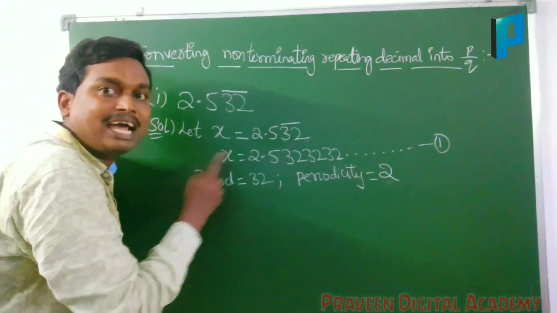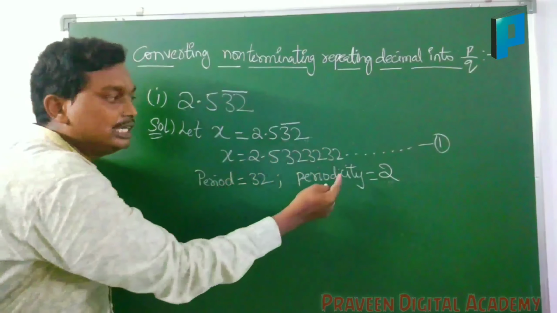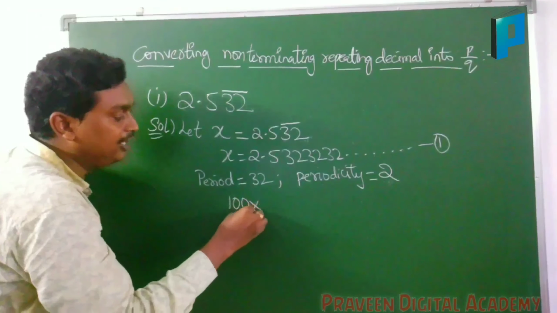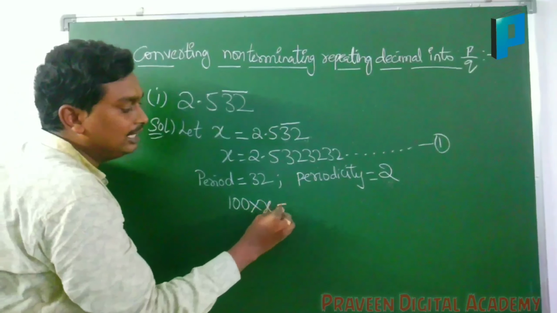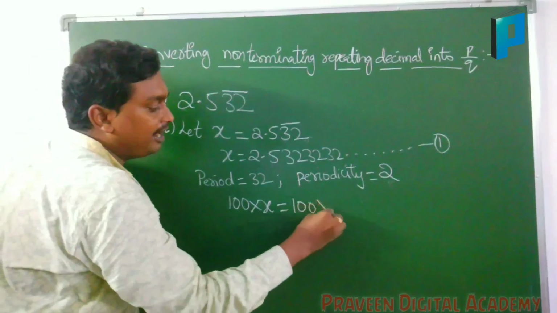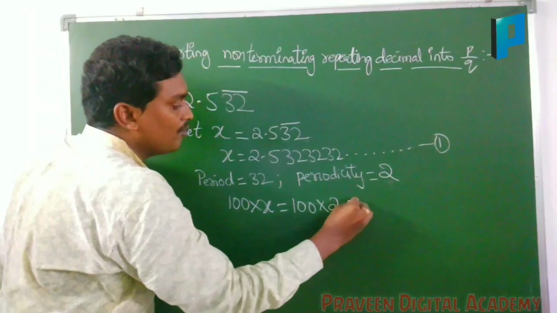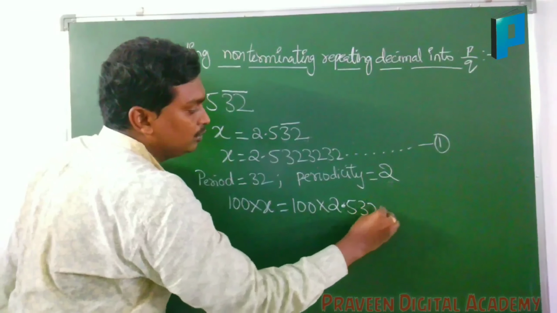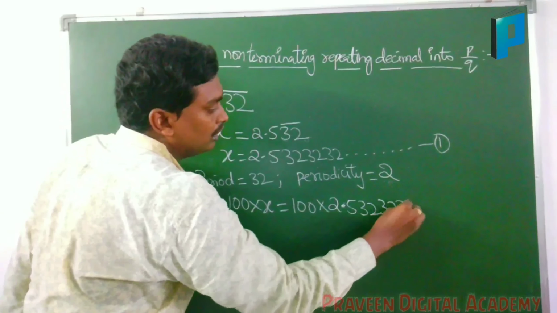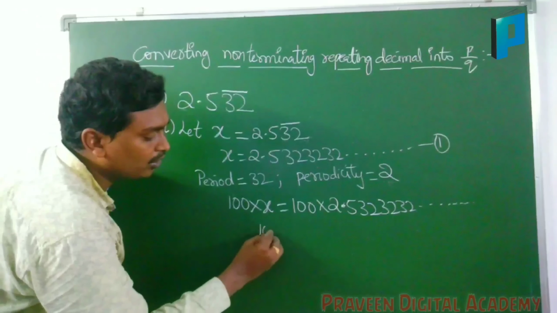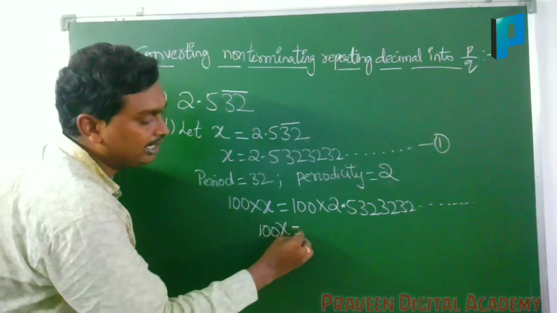Here periodicity is 2, so multiply equation 1 with 100 on both sides. You will get 100 into x is equal to 100 into 2.53232 and so on. 100x you will get.